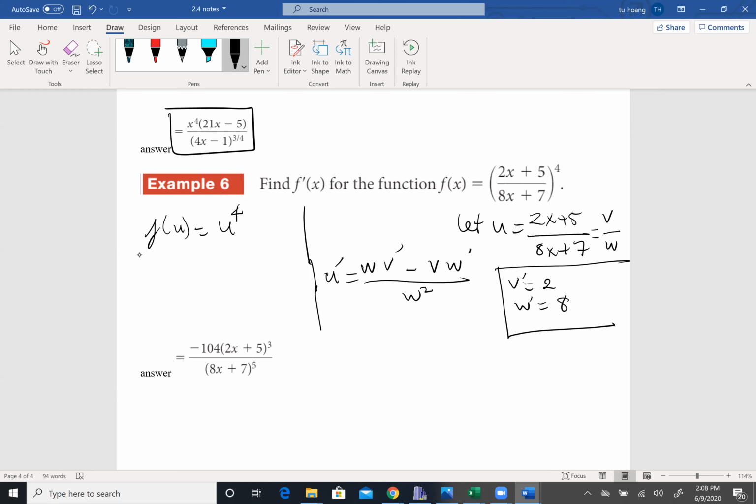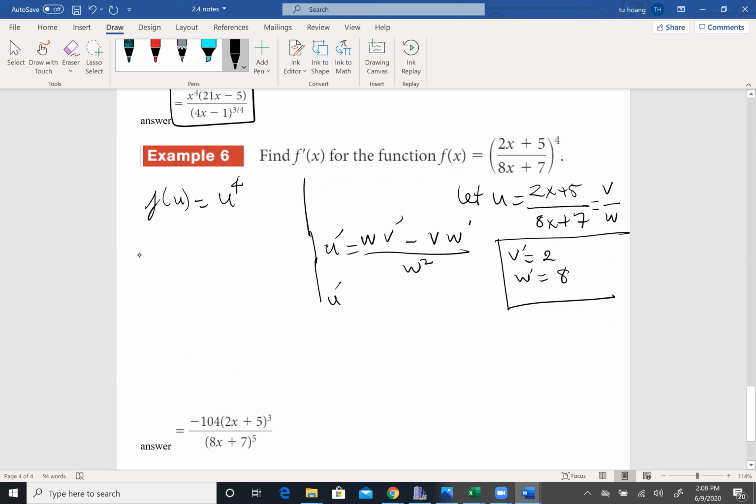So when you substitute in, you're going to have u prime now equal to w, which is 8x plus 7, multiplied by v prime, which is 2, and minus v, which is 2x plus 5, multiplied by w prime, which is 8, divided by w squared, 8x plus 7 squared.